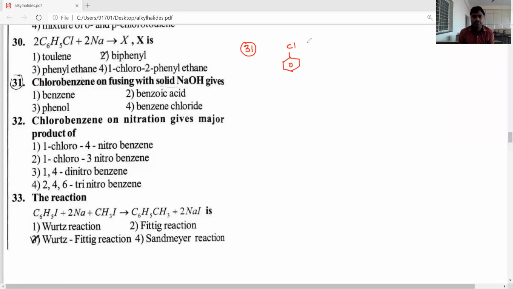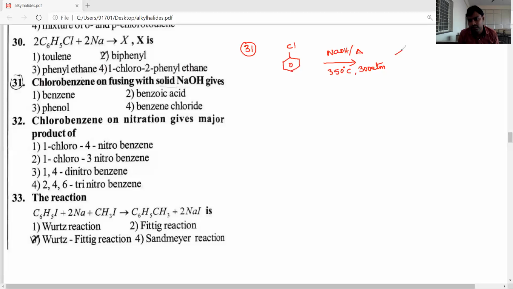This chlorobenzene is treated with NaOH on heating at around 350 degrees centigrade temperature and 300 atmospheric pressure.